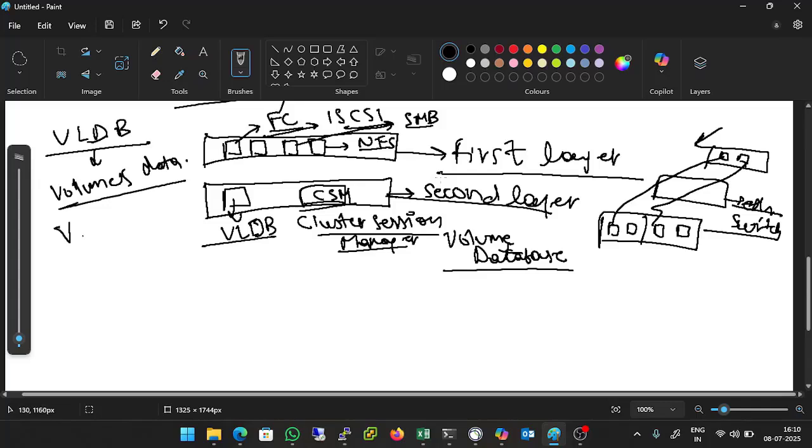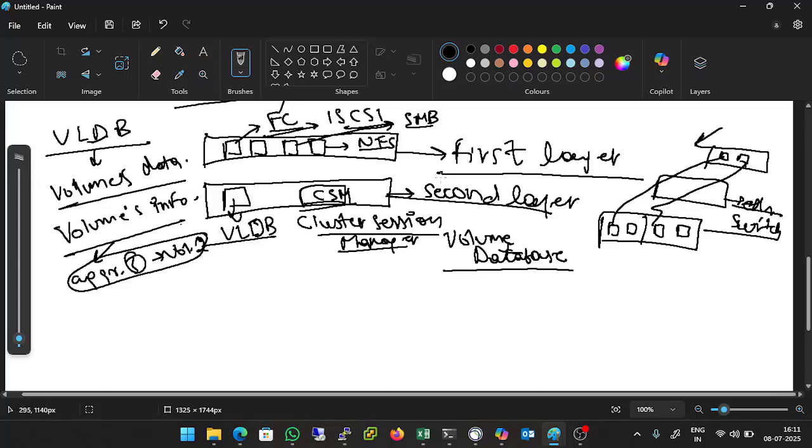It basically consists of your volumes information. So whenever a read comes, it tells that this particular read is for aggregate three, volume two. So this is what the VLDB's work is in the second layer.